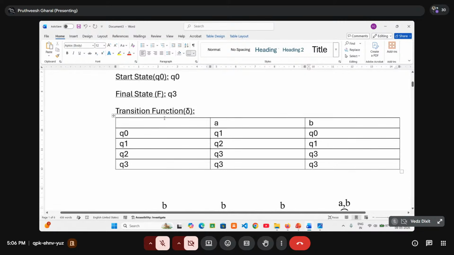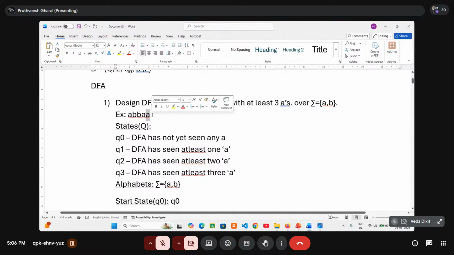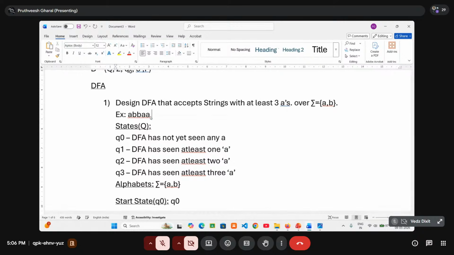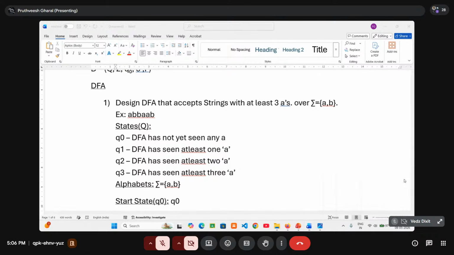So let's say the DFA has read this input and has found that this string contains three A's.